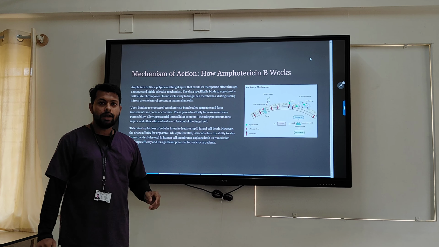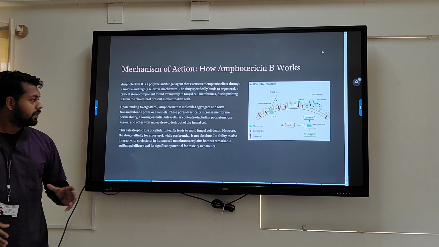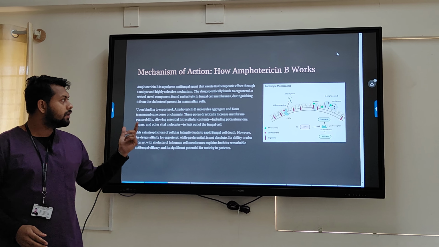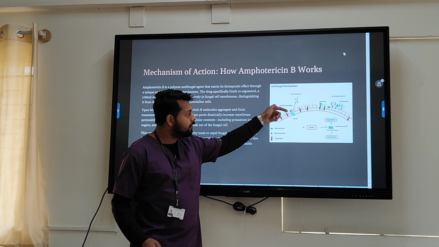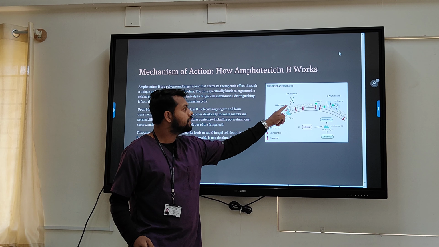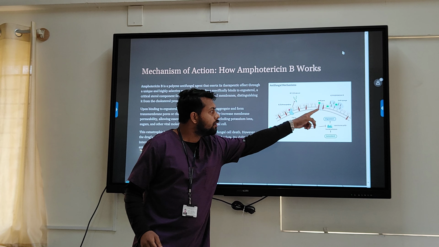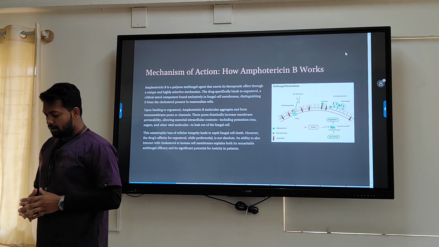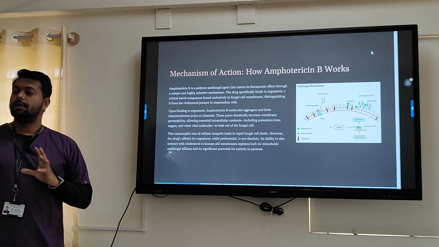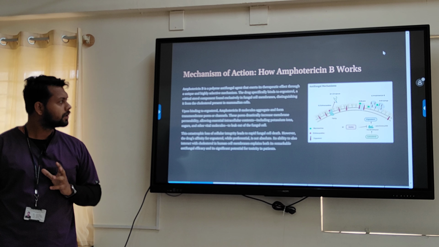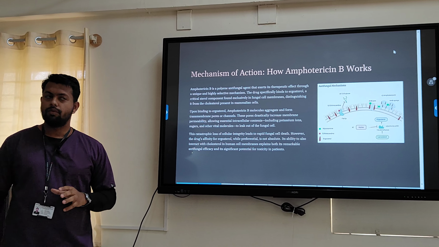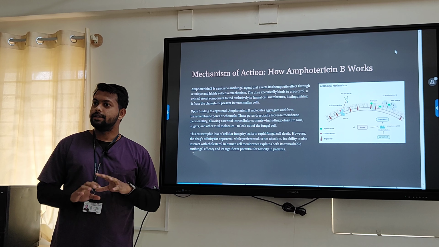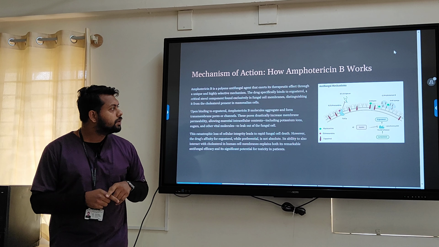One of them is called ergosterol. Amphotericin will penetrate the cell wall, go inside, and bind to this ergosterol. In a normal human body, cholesterol is there, which strengthens the outer layer of the cell.